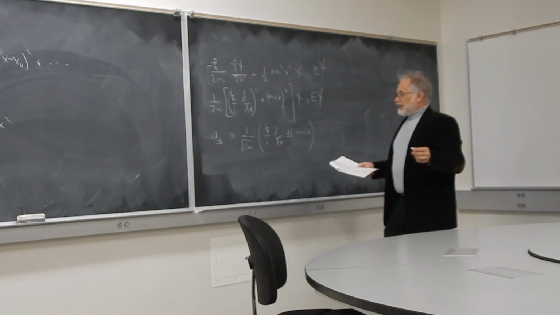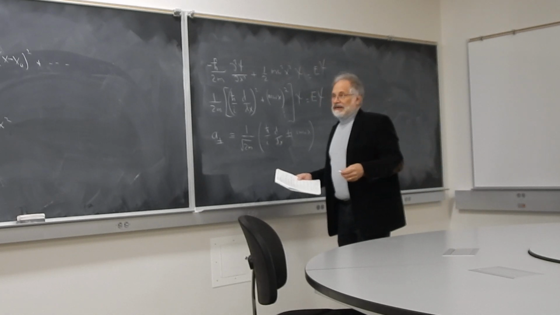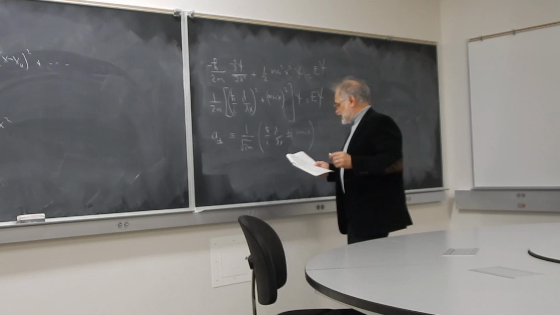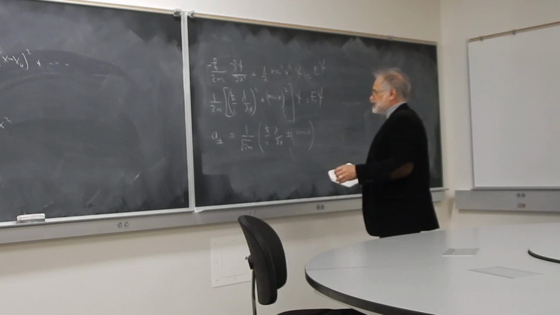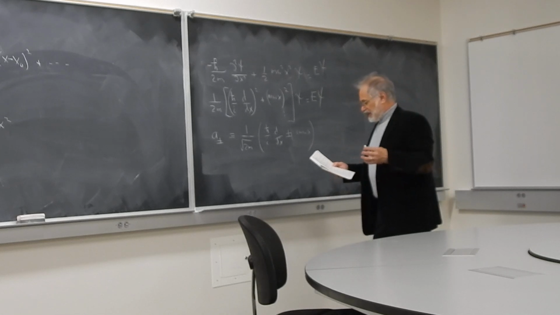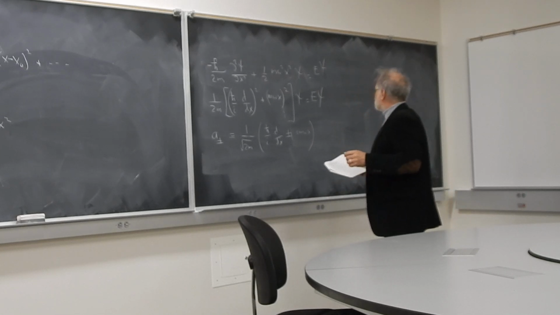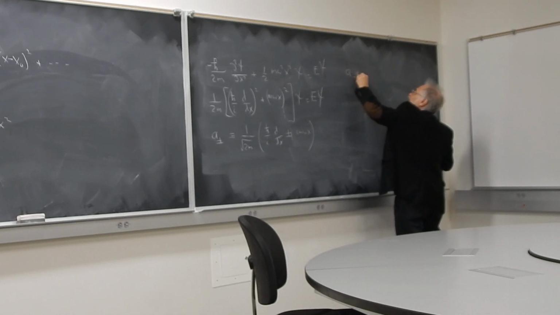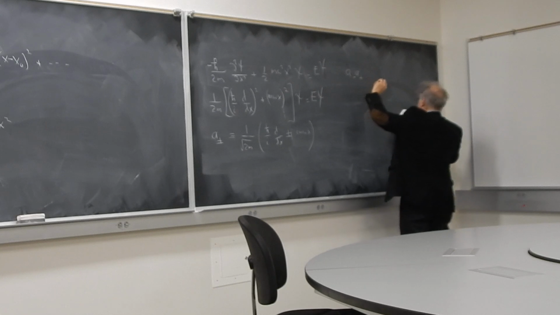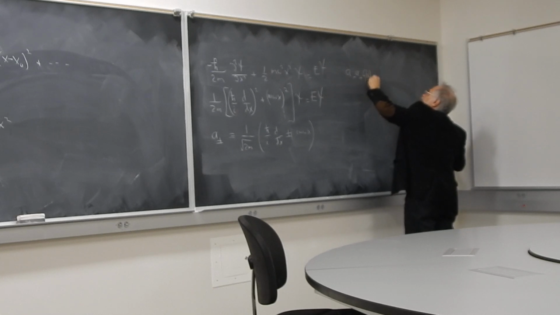Now, operators to be functional have to operate on some function. And so what I'm going to do is operate on some arbitrary function f of x. And I'm going to do it in the following way. I'm going to operate A minus, then A plus on f of x.